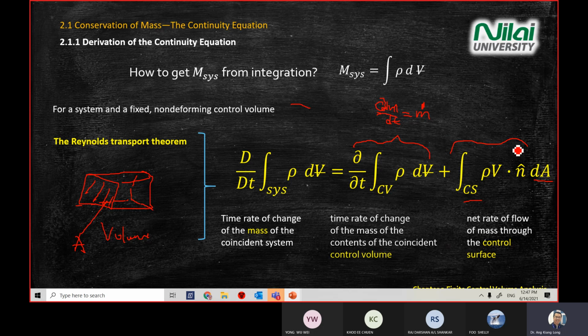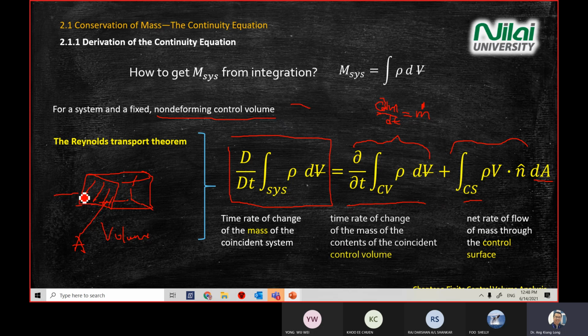The most important equation for today is that you memorize the conservation of mass equation, and when you want to derive or solve using a non-deforming control volume, you will use these 2 components. You focus on what is happening inside the volume and what is happening at the control surface. Normally, for control surface, we will look at in and out.